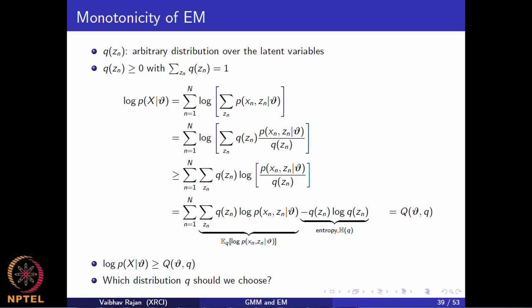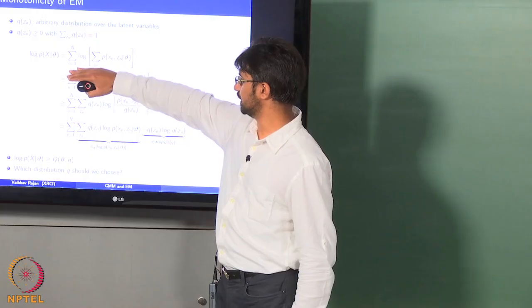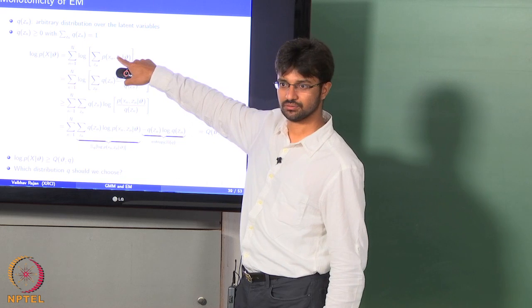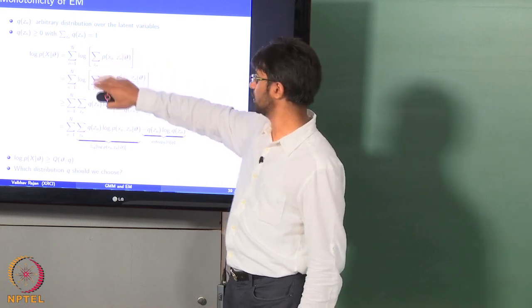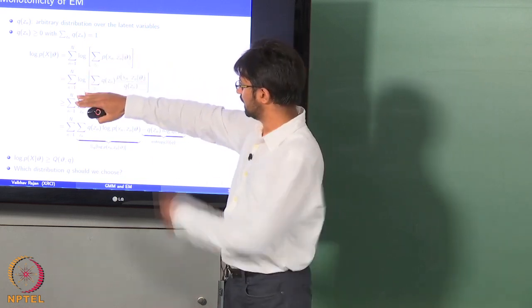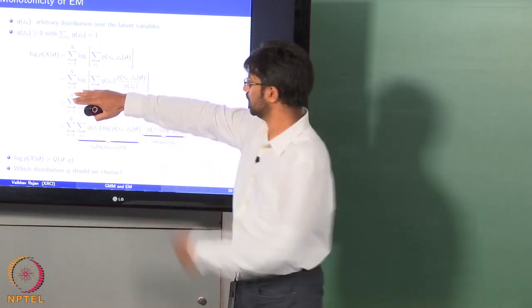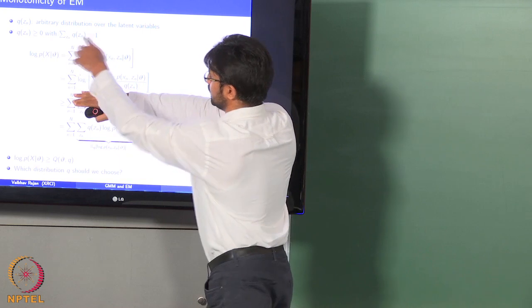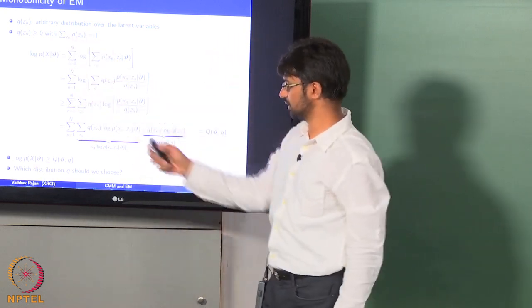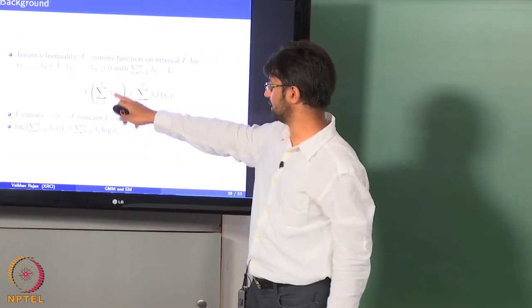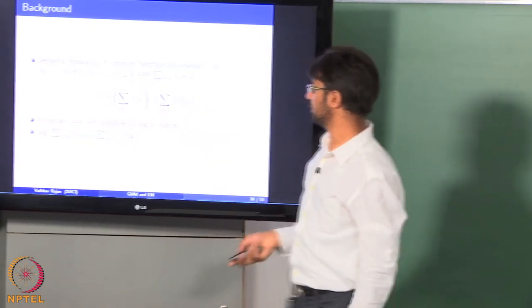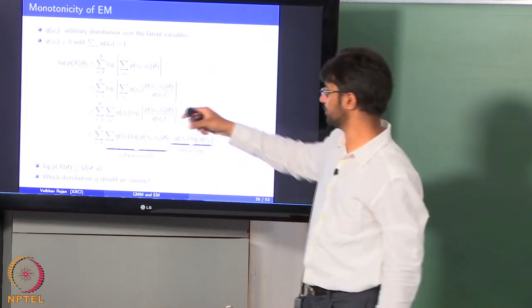So now let us take the likelihood of our data, and we express it again as usual in terms of the joint likelihood with respect to the latent variables, and then we just multiply and divide by q(zn), right. And now because of this condition, q(zn) is the same as lambda i here, it follows the assumptions of Jensen's inequality, right.